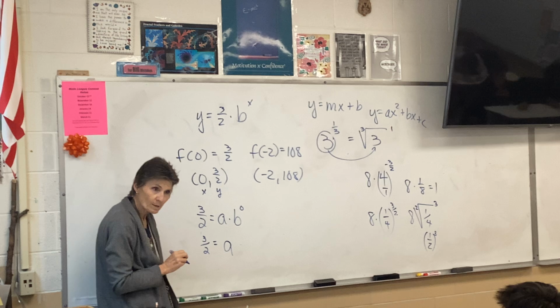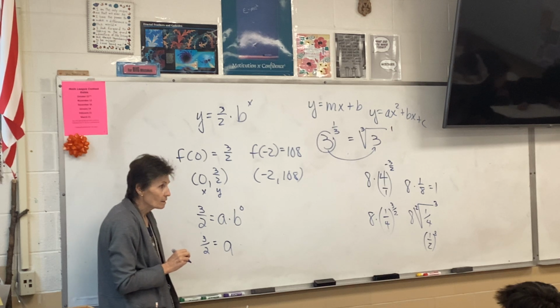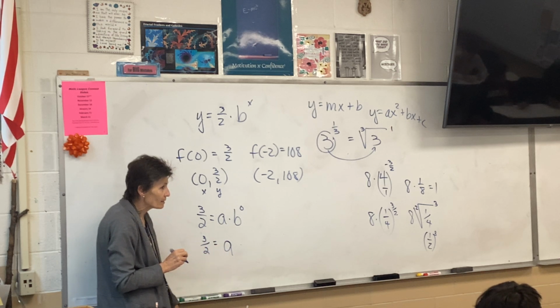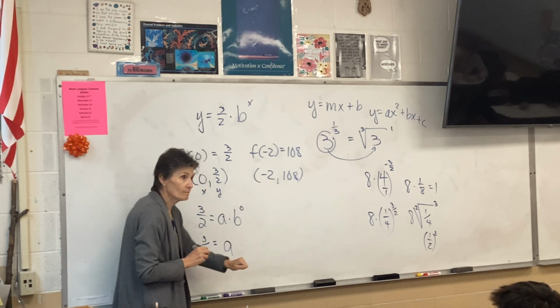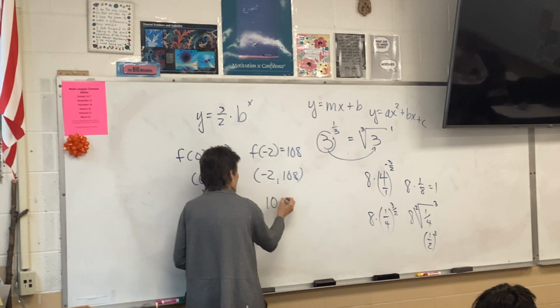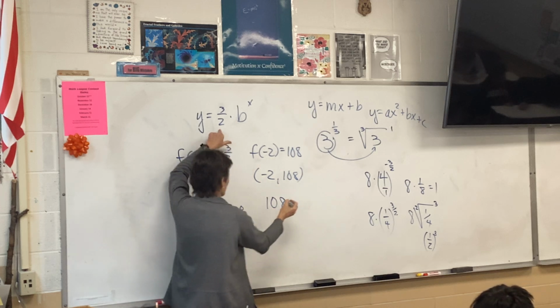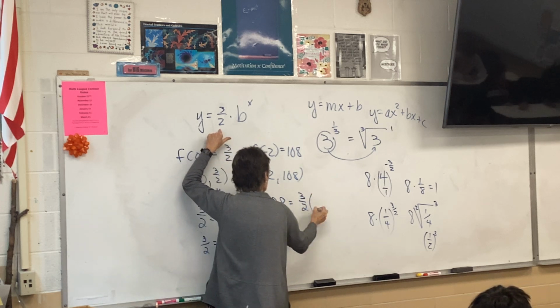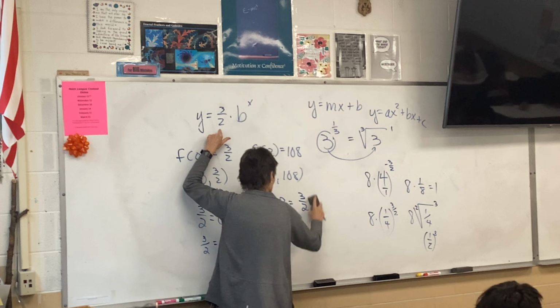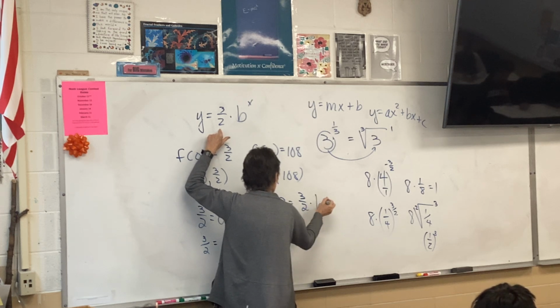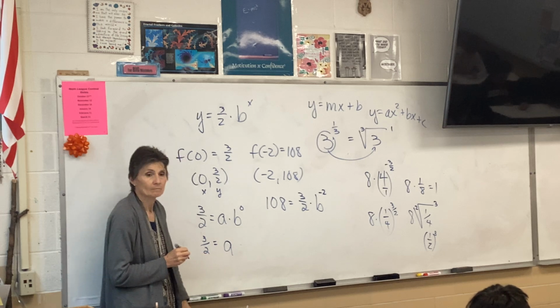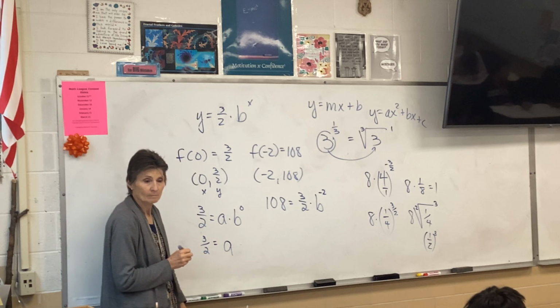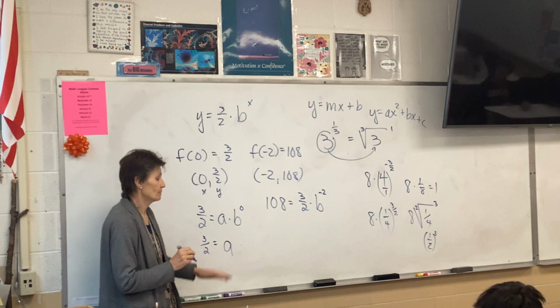Well, what do you think I'm going to do now? Find b. How am I going to find b? Plug in the other one. So 108 equals 3/2 times b to the -2nd. Now, there's some arithmetic here.